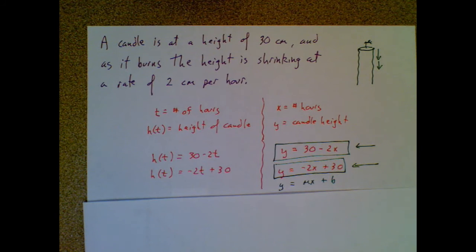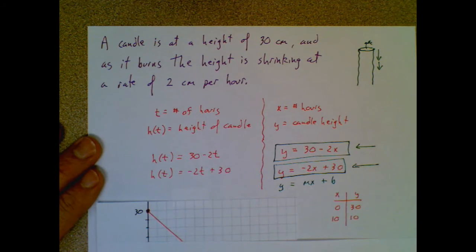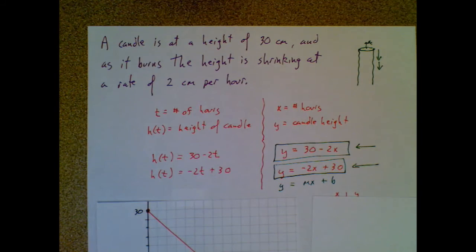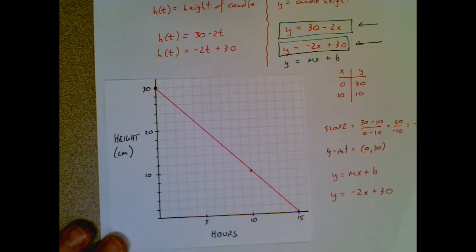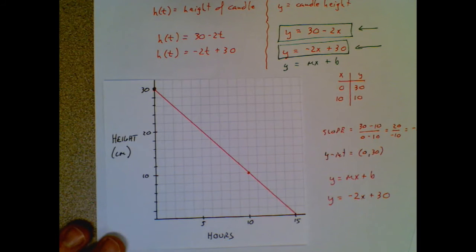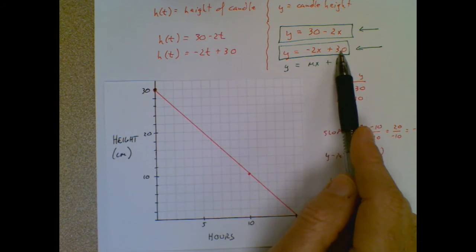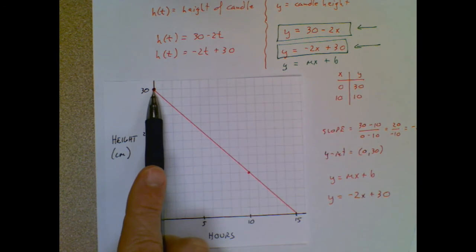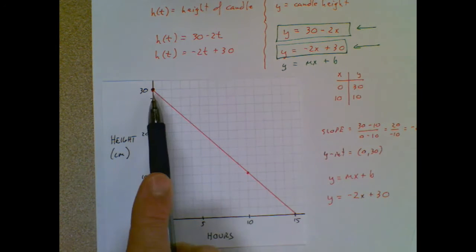But I want to show you something about this equation, using either one. You can go ahead and graph that. Now there's several ways to get that done. One way, you could recognize that this is in y equals mx plus b form, and you could plot your y-intercept, and you could start counting down your slope.